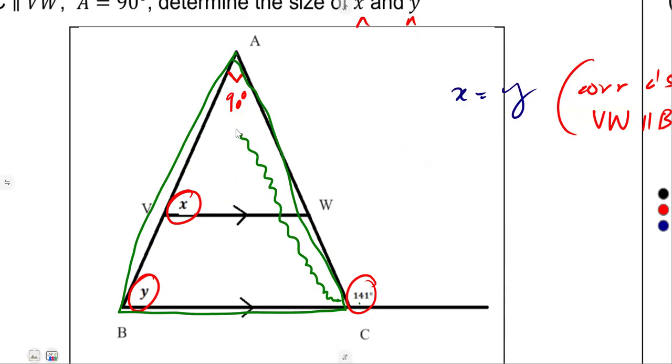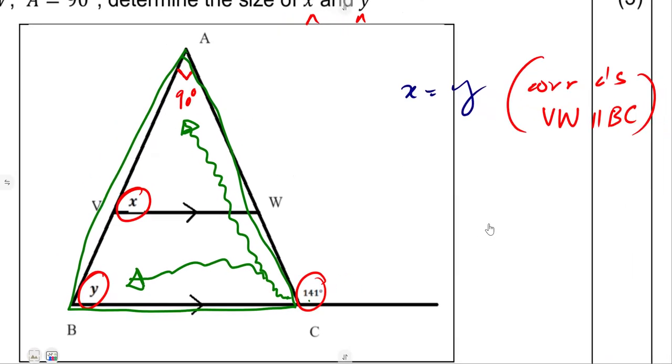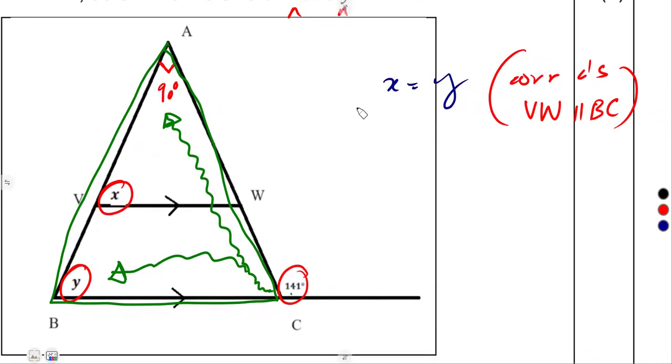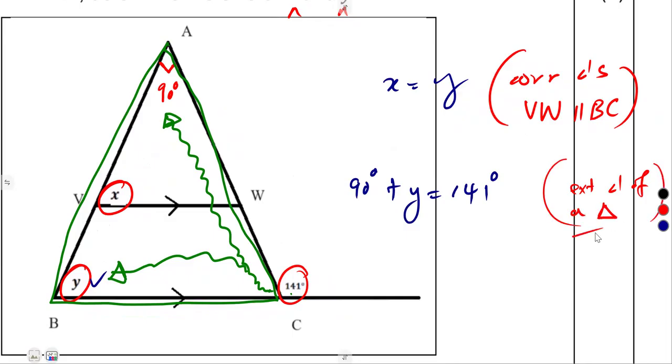The sum of the opposite interior, the 90 degrees at A and the Y that we have at B. So we can form an equation to find Y there as 90 degrees plus this Y is supposed to give us what? 141 degrees, the exterior angle of a triangle. That is equal to the sum of opposite interior.